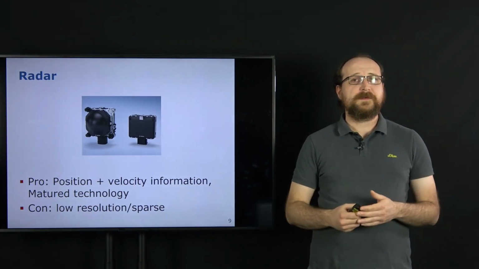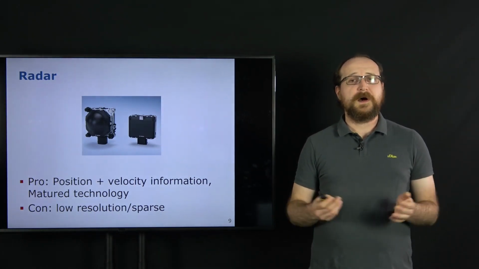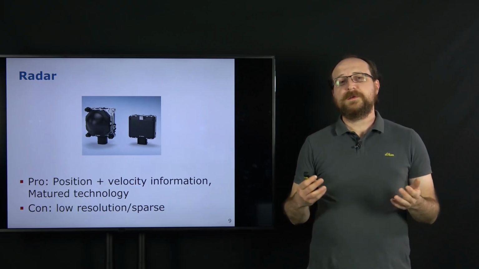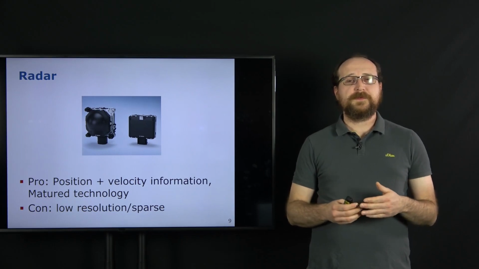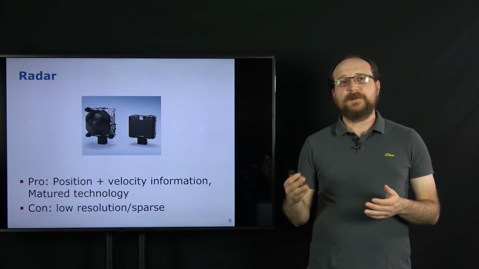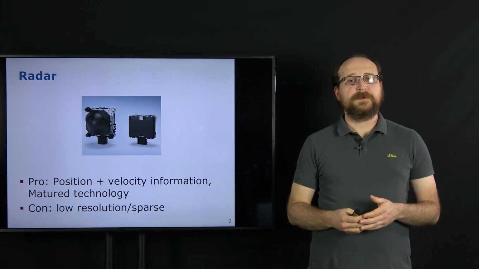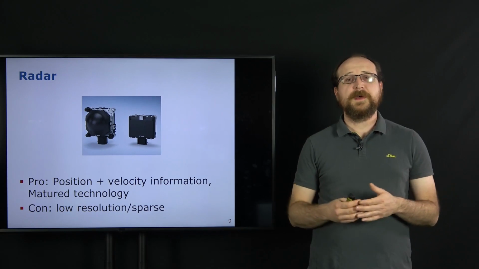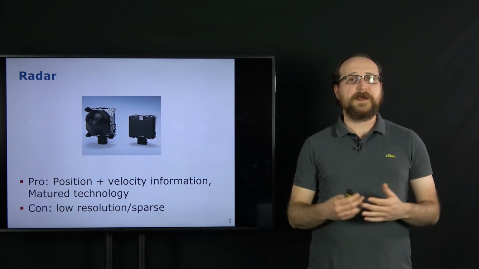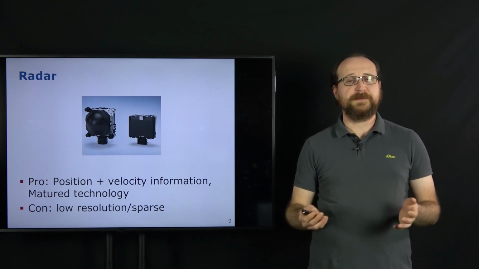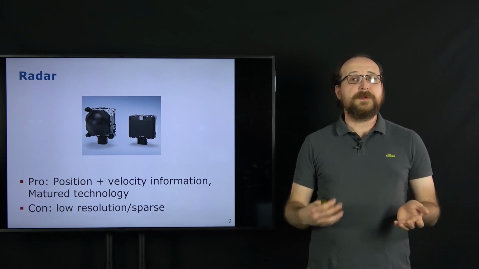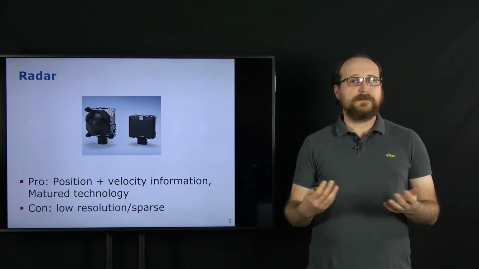Another important sensor that is also already equipped in cars is the radar sensor. The advantage of the radar sensor is that it allows us to measure not only the position but also the velocity information of vehicles or pedestrians in the surroundings. Radar is also a major technology that is used in a wide variety of vehicles like airplanes or ships, so it is commonly already equipped in cars.